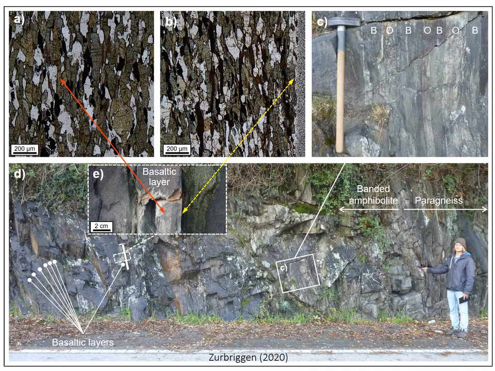Here we see the banded amphibolites from the Strona-Ceneri zone, and what is special of this outcrop is that we can observe an interlayering of basaltic layers, orthogneiss layers, again a basaltic layer, again an orthogneiss layer, and so on.